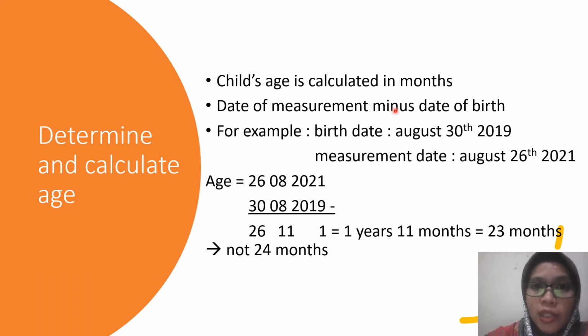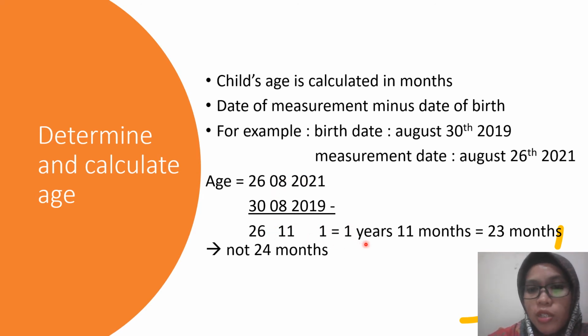For example, birth date August 30, 2019. Measurement date August 26, 2021. So then we subtract.